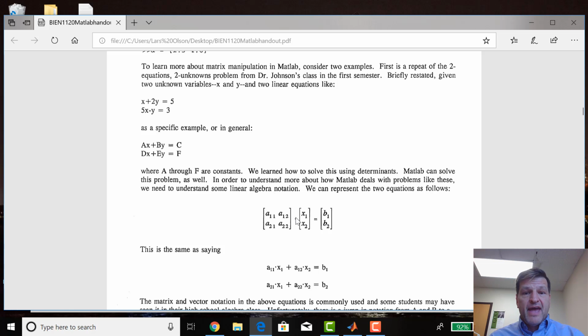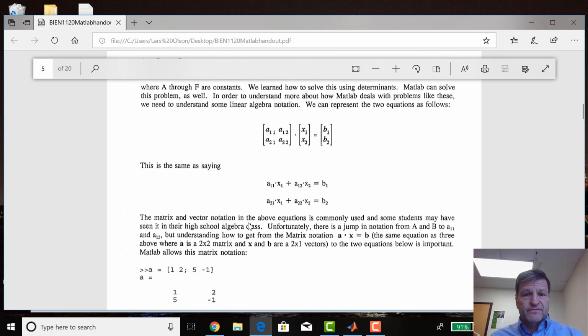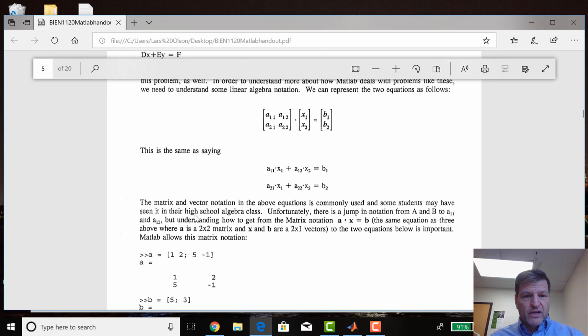A is a 2x2 matrix, where A11 is equal to 1, A12 is equal to 2, A21 is equal to 5, and A22 is equal to minus 1. Then x1 is equal to x in this case, and x2 is equal to y. And then b1 is 5, and b2 is 3. So this is linear algebra notation.